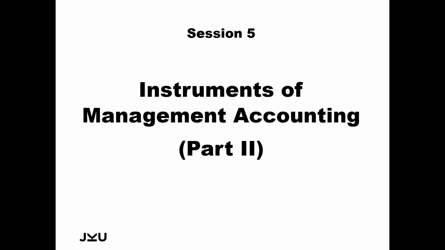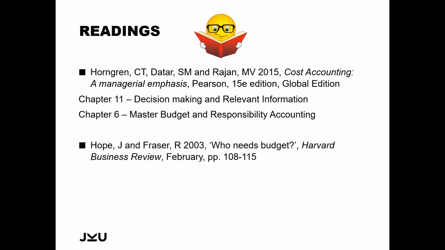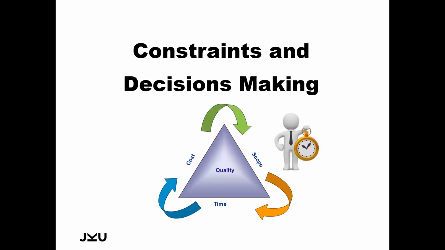Today, we talk about instruments of management accounting, part number 2. In that regard, we especially discuss certain constraints, and how to make appropriate decisions in the aspect of having constraints. Constraints could be like the scope, so the volume of a production, for example, the time issue.